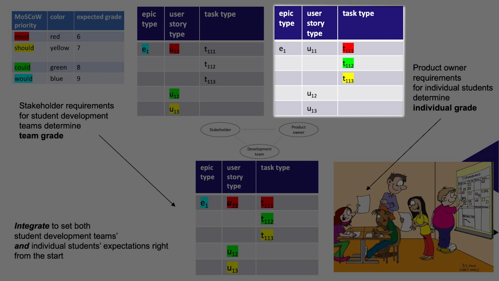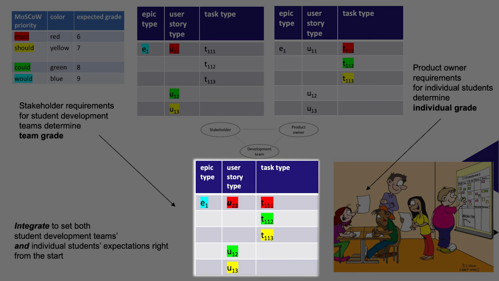It's important to integrate both priorities at the start of a course so that students have absolute clarity what is expected from them. At the bottom you see that the table was integrated for the students. It should be clear that the individual grade is derived from the rightmost column and the team grade is derived from the left columns.